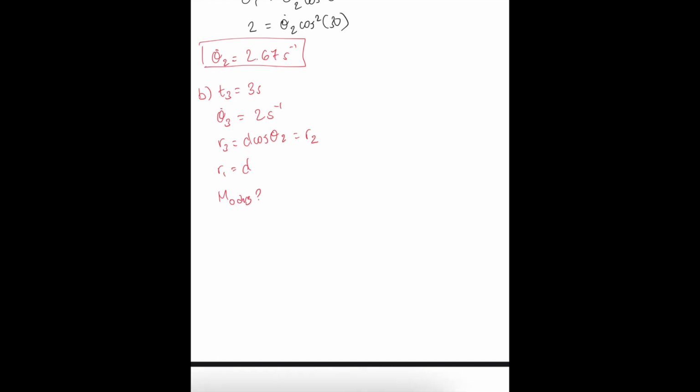So I'm just going to draw a simple free body diagram to understand what's going on. At t equal to 0, that's at the start, we've got our masses here, and they have an angular velocity, theta dot 2, with a momentum, we'll assume it's pointing this way.